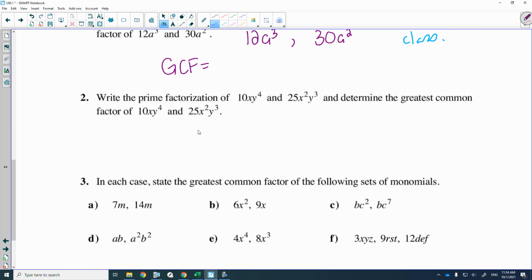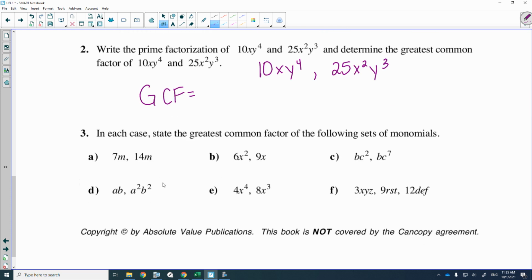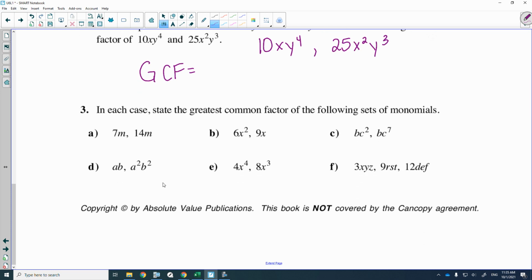For number 2, let's write them down. It wants you to find the GCF of 10xy to the 4 and 25x squared y 3. So write GCF. And then for number 3, circle number 3, all of those. And it actually does spill onto the next page, number 3.